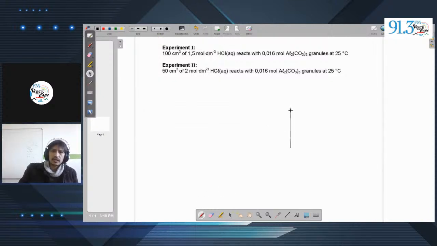So we have a container. There's container 1. This is the volume. We can say this is 100 centimeters cubed. And we have another container, half of that. And this is 50 centimeters cubed. If we visualize things like that, it really does help a lot.